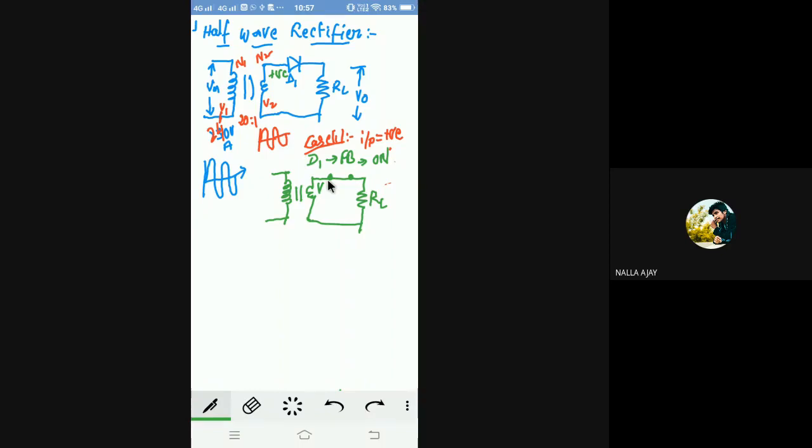Now let us consider, here I am drawing the input and output waveforms. Let us consider this is my input signal, with time and a voltage axis. And this is my output signal.